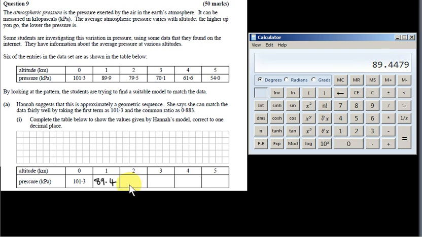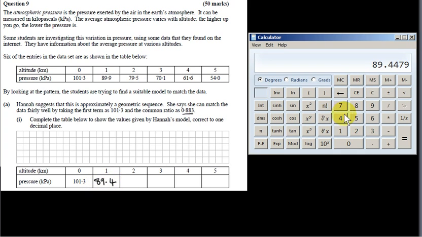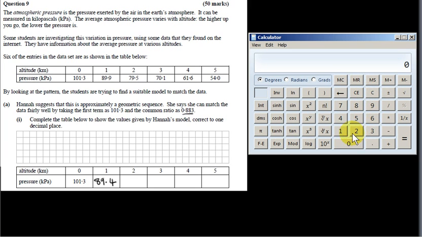To get the value at 2 kilometers, we multiply the common ratio 0.883 by 89.4. To one decimal place, this is 78.9. Actually, it is more accurate to only round after we do the multiplication.